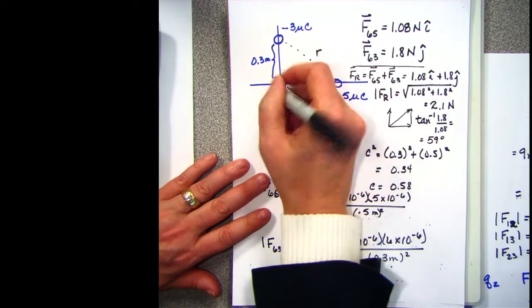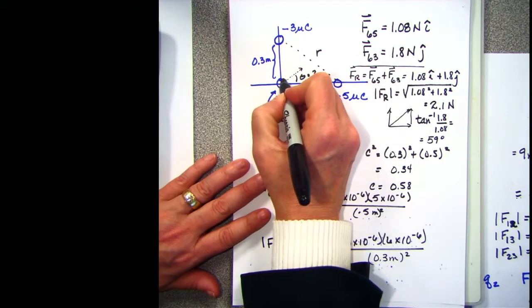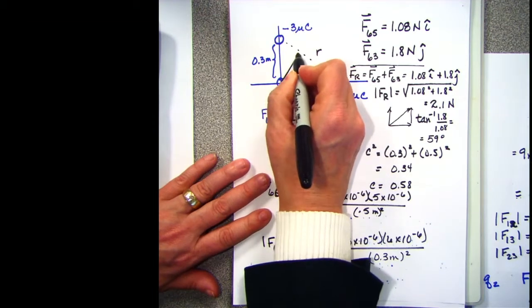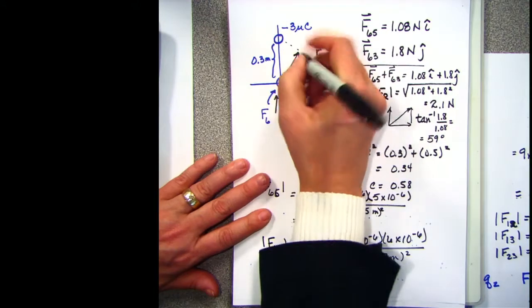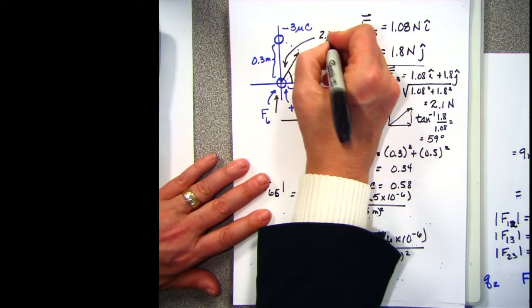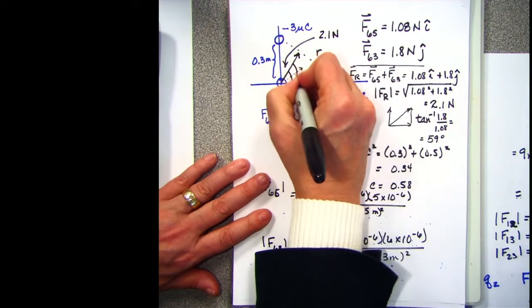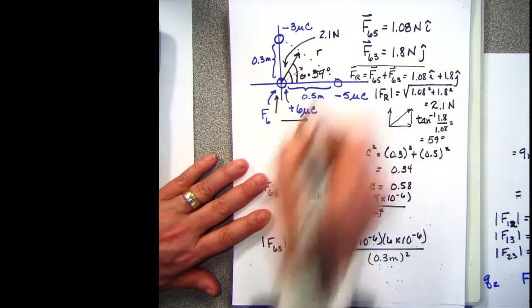So this vector actually is going to go, looks something like this, where this magnitude is 2.1 newtons, and my angle ends up being 59 degrees.